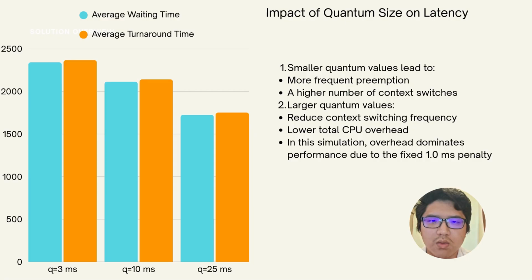In contrast, the 25 millisecond quantum achieves the lowest latency, reducing the average waiting time by a significant margin. This counterintuitive result suggests that in our system, the cost of context switching plays a dominant role in overall performance.